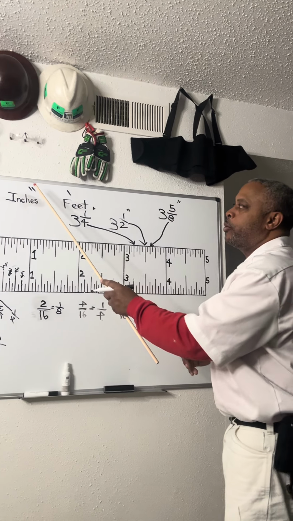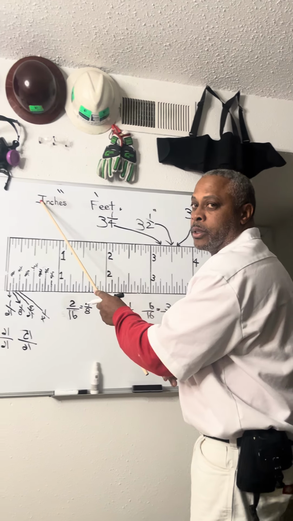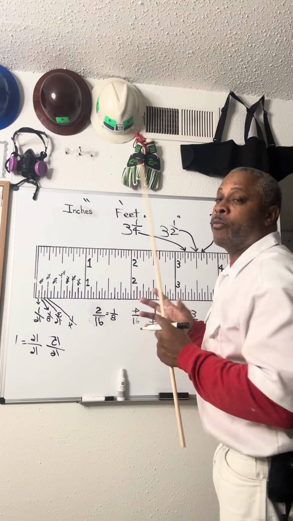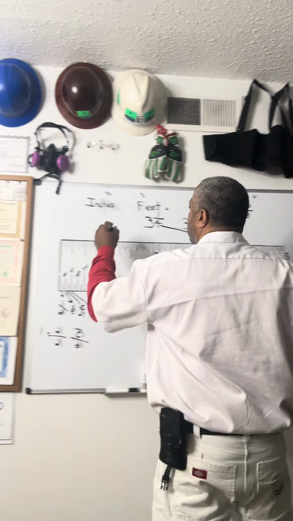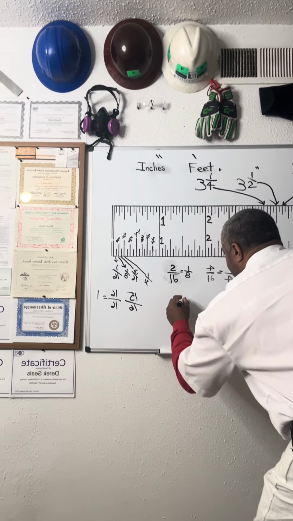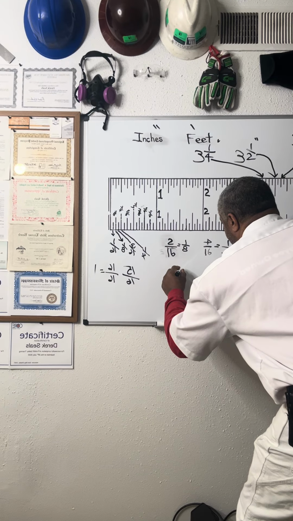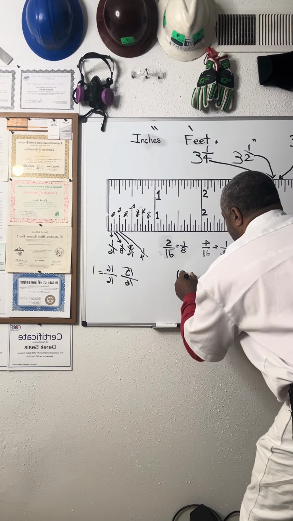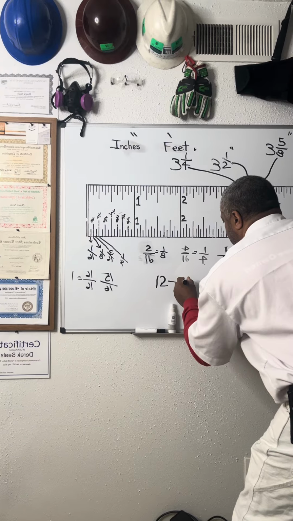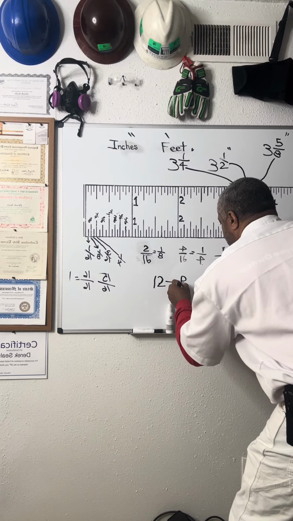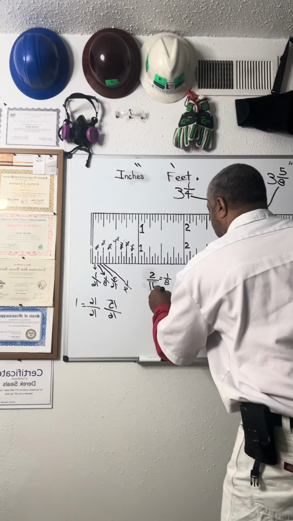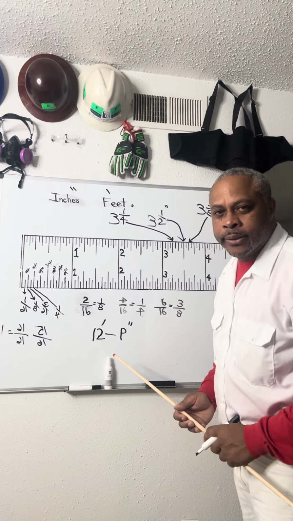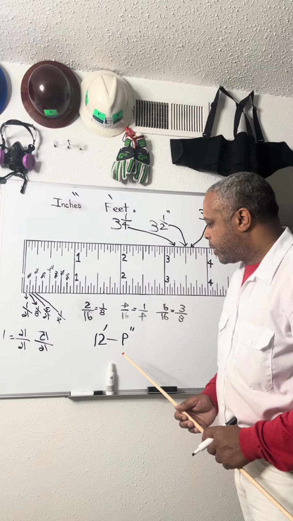So, we're giving you a symbol for inches. There's a symbol here, okay? And we're giving you the foot marker here. So if we want to go 12 feet, 9 inches, this is going to be the foot mark, okay? 12 foot 9, okay?